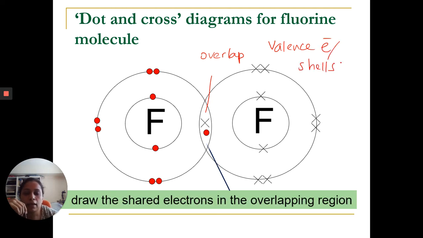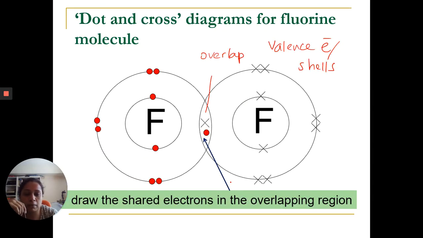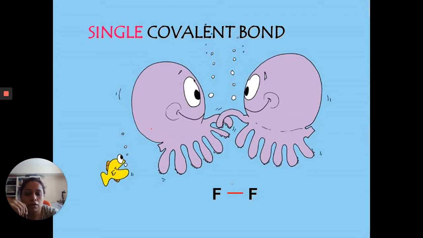And these are the shared electrons in the overlapping region. So FF is a single bond, because as long as there's one cross and one dot, you denote by one line. This is the covalent bond between FF. So this is fluorine gas. I'm not asking you to draw atoms, it becomes a molecule.